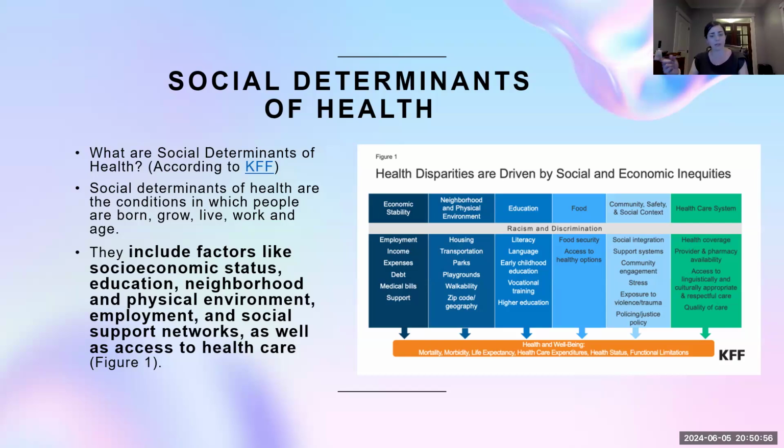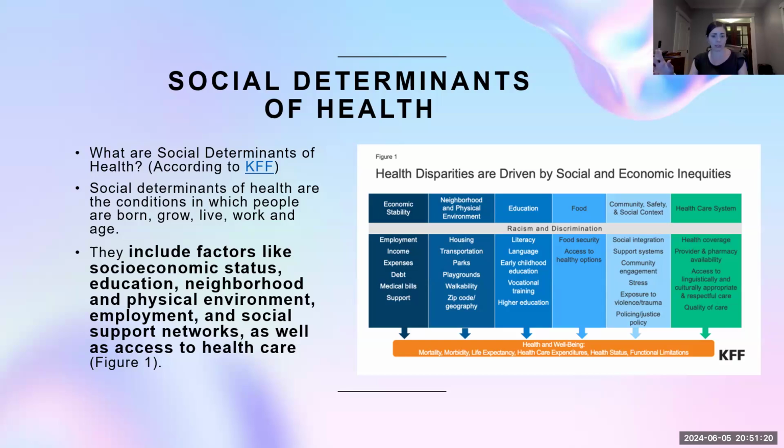And you'll notice this is an updated version of the graphic. They've had a graphic like this for a little bit over a decade. But what they did is they pulled out racism and discrimination as a systemic factor, and they put it as a theme through all these things. Because racism impacts economic stability, it impacts neighborhood and physical environment, educational opportunities, food, all of it is impacted by discrimination.